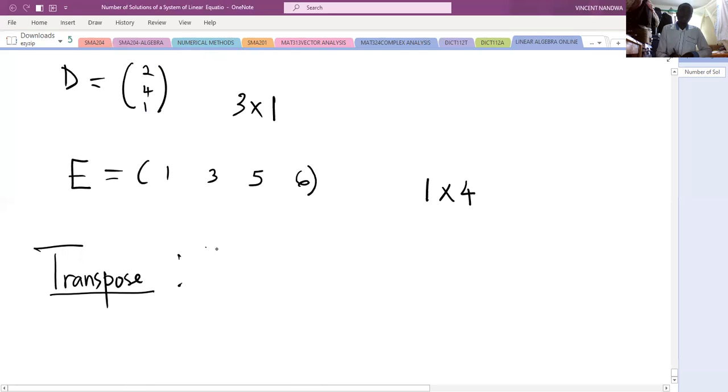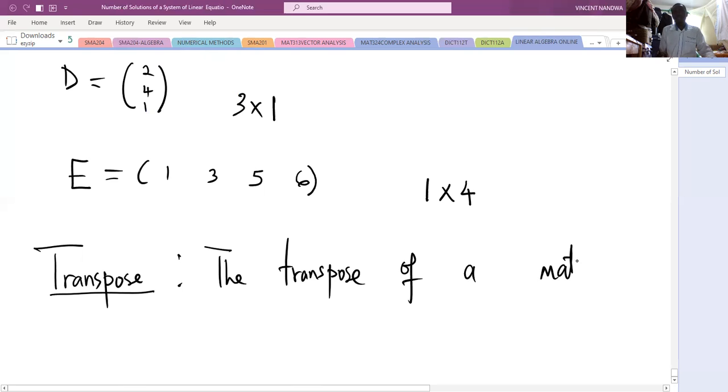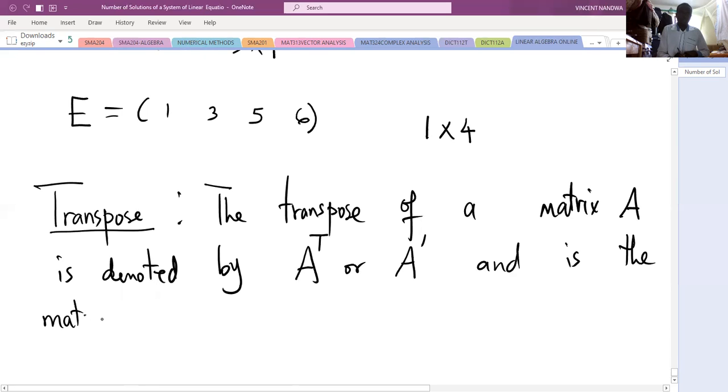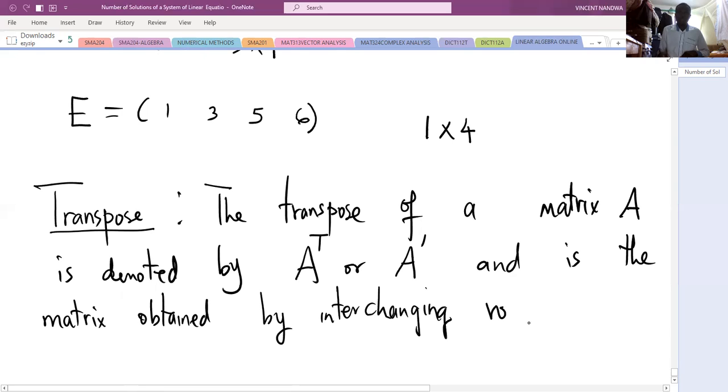So the transpose of a matrix A is denoted by A raised power T or A prime, and is the matrix obtained by interchanging rows and columns of A. So a matrix obtained by interchanging rows and columns of another matrix A is what is called the transpose of a matrix.